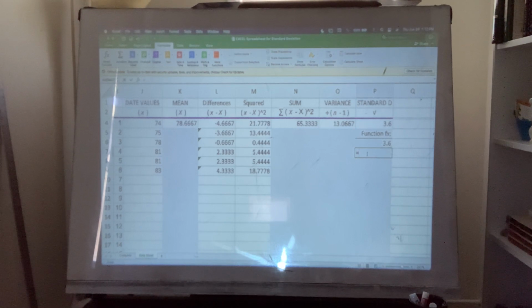You could just type it, or you could click on the choices and then highlight where the data is located, and there you have it. It would be the 3.3. Yeah, that's a population. I'm just going to narrow this down.